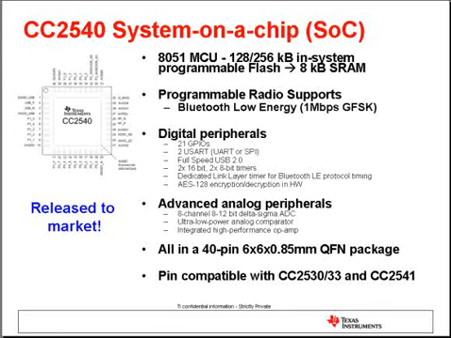The CC2541 replaces the USB with the I2C. The size of the chip is a 6x6 QFN package. The CC2540 is also pin compatible with other low-power devices in TI, such as the CC2530 Zigbee, the CC2533 doing RF4CE, as well as the CC2541, which is the next generation of the 2540 BLE chip.